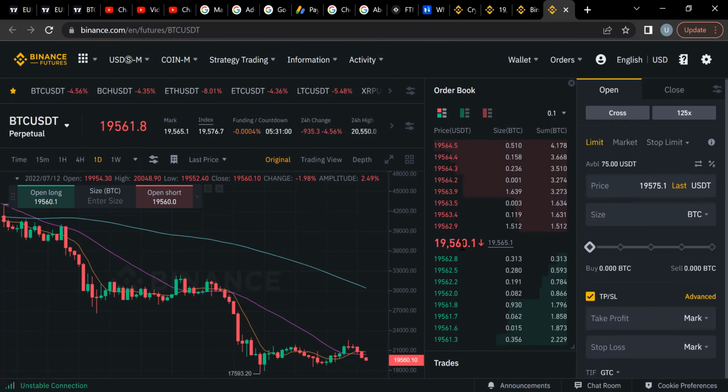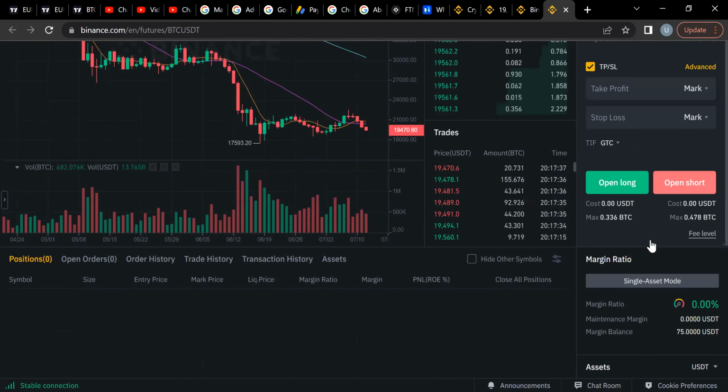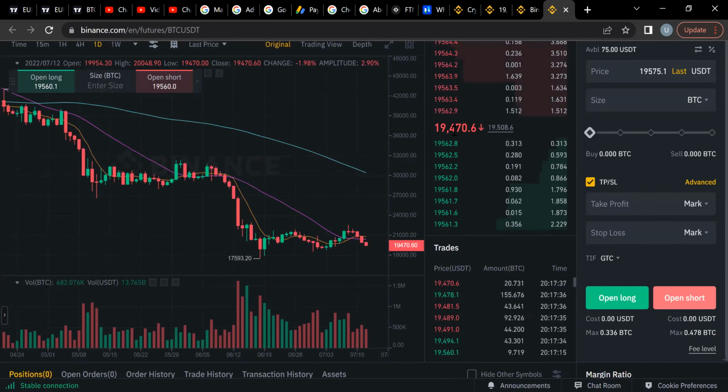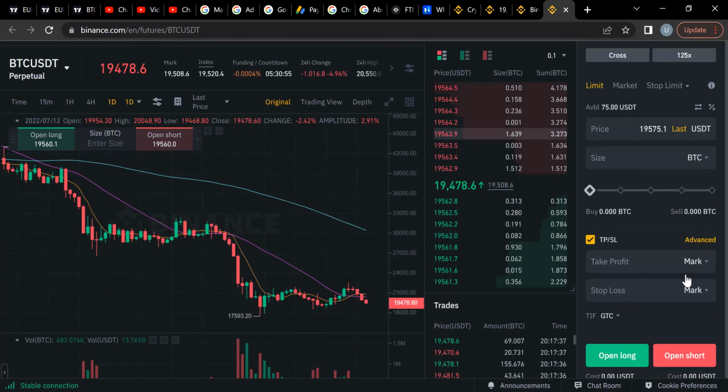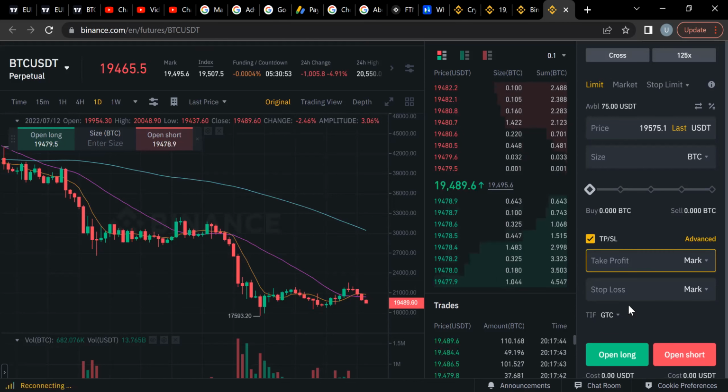The current price is 19,500, so you may want to long at 19,000. If you are doing limit short, that means you want to short at a price higher than this, so maybe you want to short at 20,000. You just put the price you want to short at here, put your position size here, pick your leverage as normal, put your stop loss and take profit and press on the order you want to place.